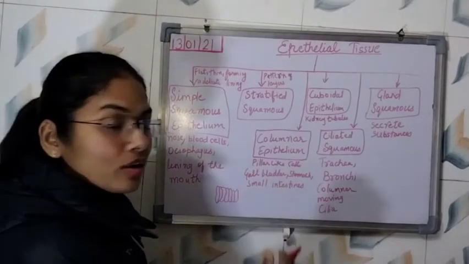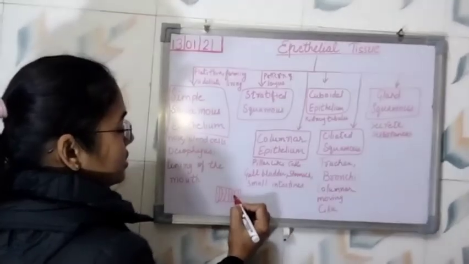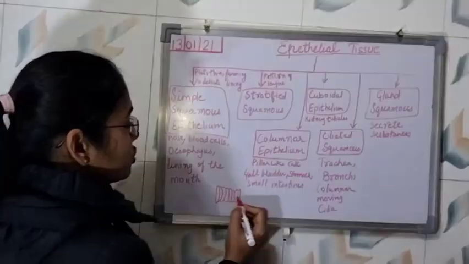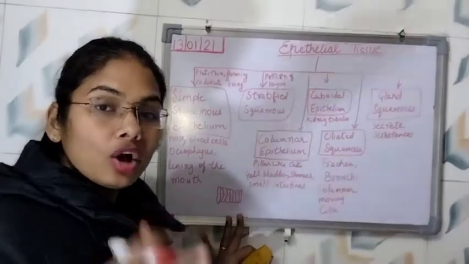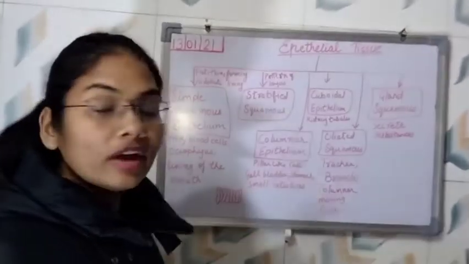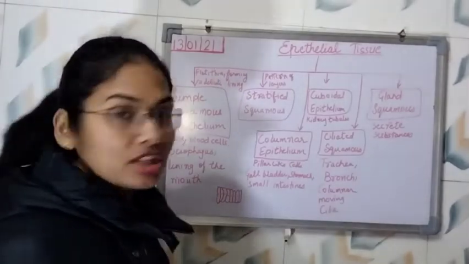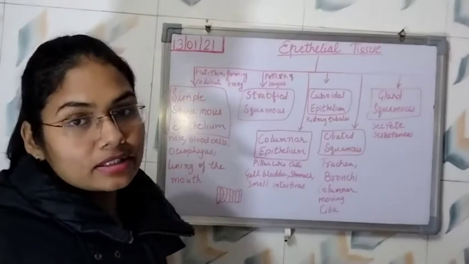The cells are of pillar shape, having one nucleus. So these are columnar epithelium, and they are in columns. Where is it found? It is found in the gallbladder, on the lining of the stomach and the small intestine, right, students?